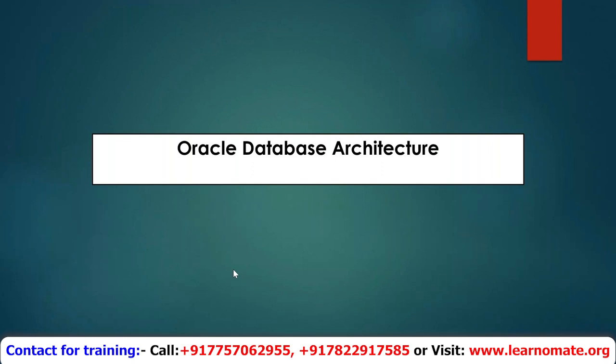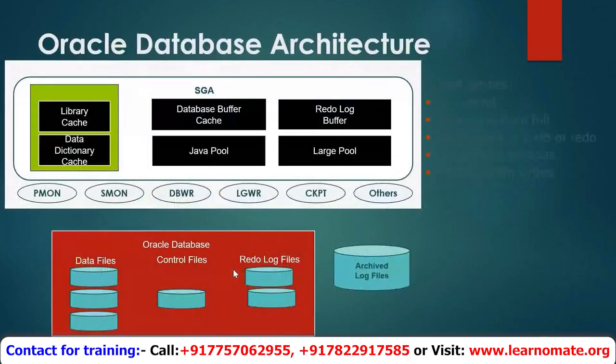From where does it read the data? Does it capture the data directly from tables or does it capture data from somewhere else? We'll discuss that. So first of all, Oracle database architecture.